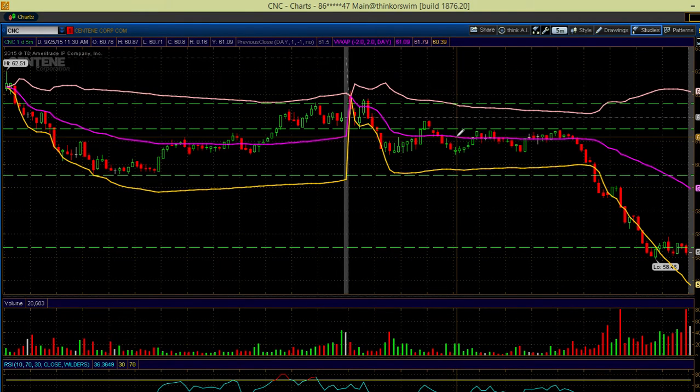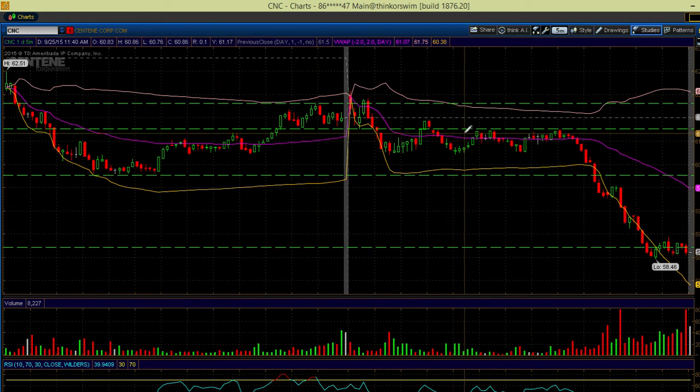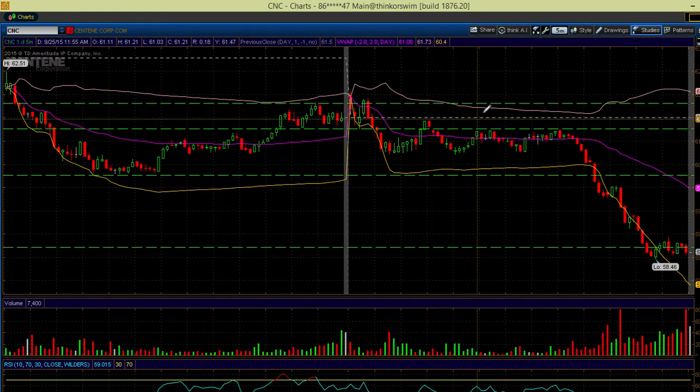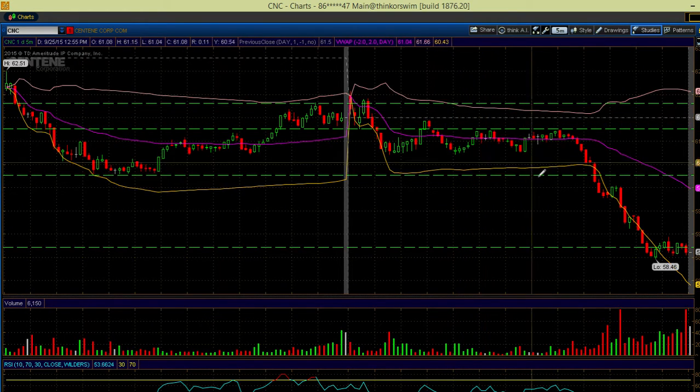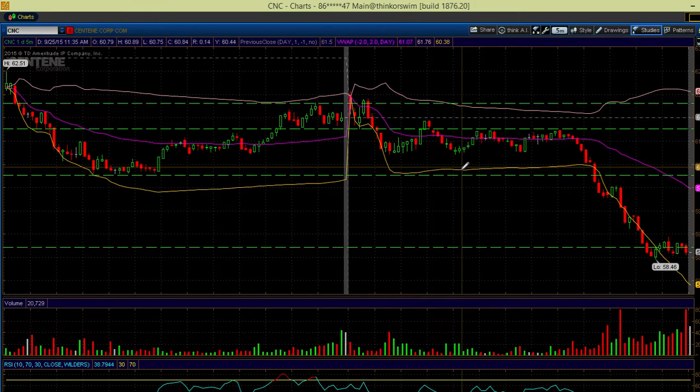And then if it held the VWAP and moved up, my next profit target was going to be the upper deviation band. And when the market was somewhat still volatile and giving us these strong moves before the summer, it worked.